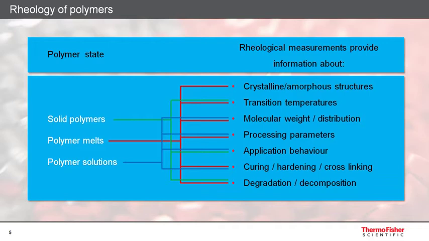They can be used to get information about the degree of crystallinity of a polymer, to determine transition temperatures, like the glass transition or the melting point, calculate molecular weight and its distribution, find the optimal processing conditions, determine the application properties of final products such as stiffness, brittleness, damping behavior or impact resistance, investigate the kinetics of curing and cross-linking reactions, or get information about degradation and decomposition conditions.